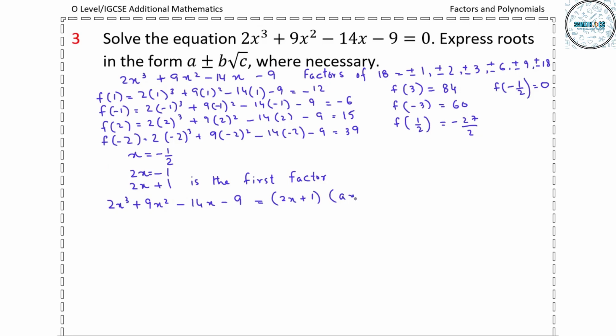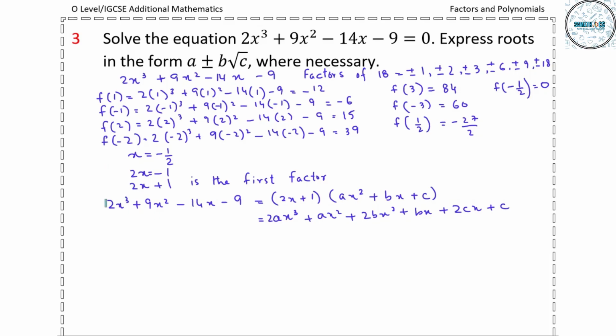into ax squared plus bx plus c. To find out the values of a, b, and c, we have to first simplify it. So this will become 2a x cubed plus ax squared plus 2bx squared plus bx plus 2cx plus c.